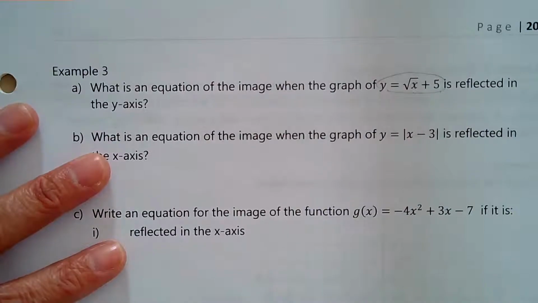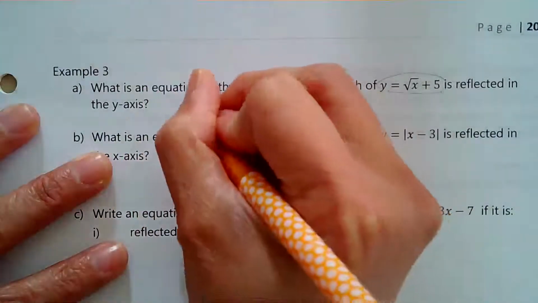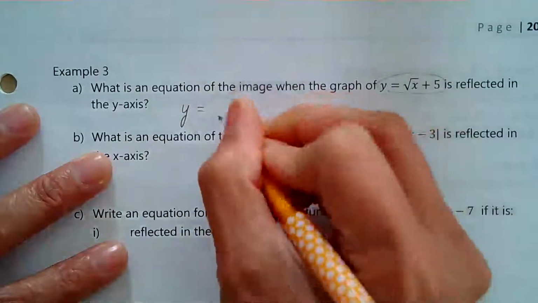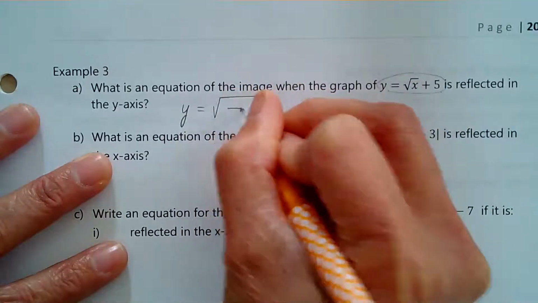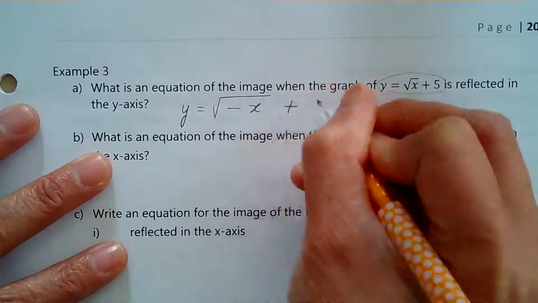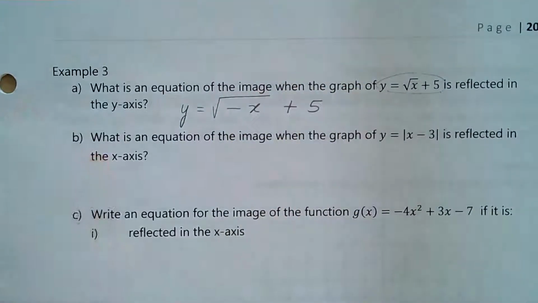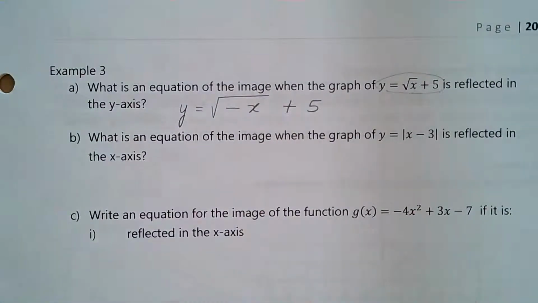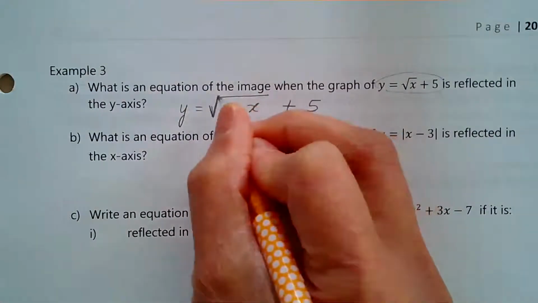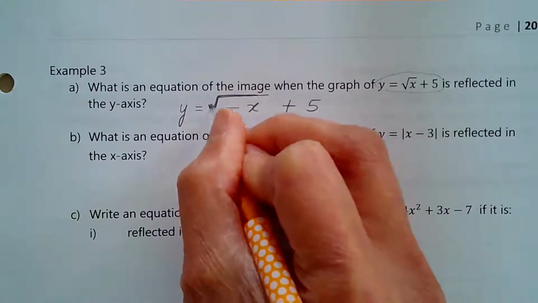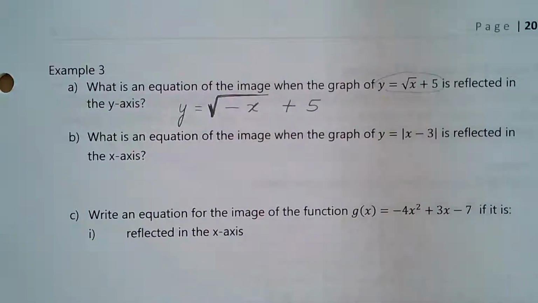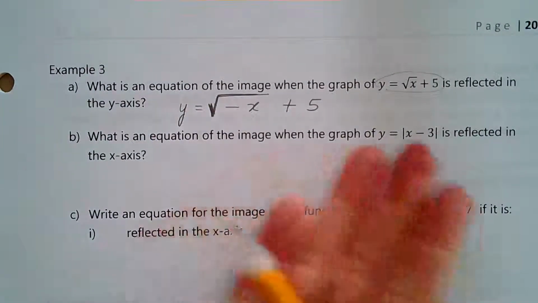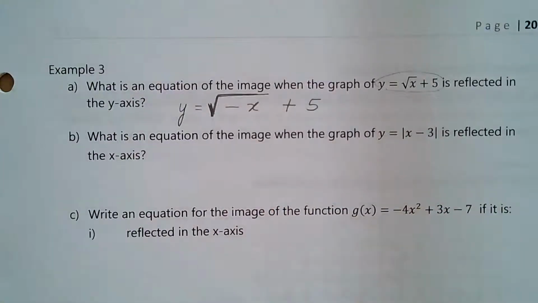X would be the negative. So that would be y equals the square root of -x plus 5. Would the +5 have to be moved to the opposite side to be negative? You could do that, or you can just leave it like that.